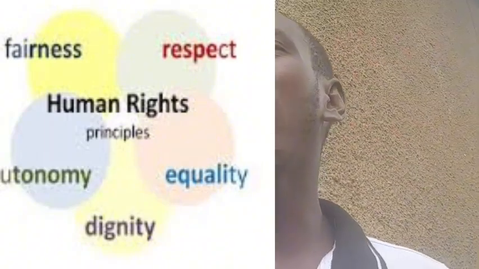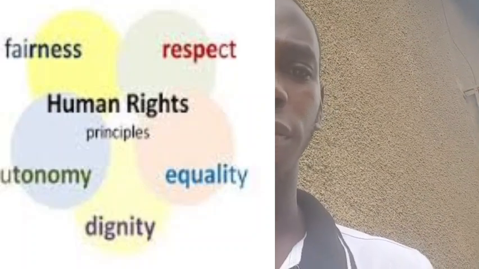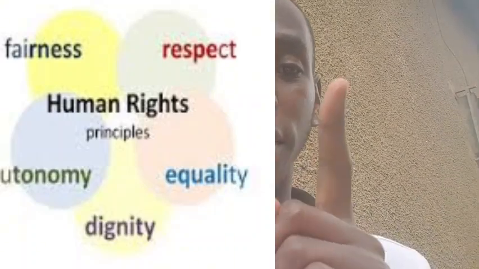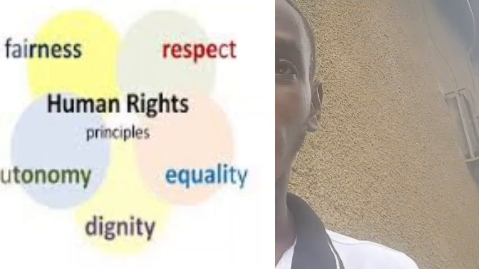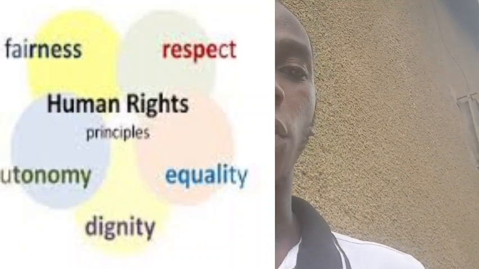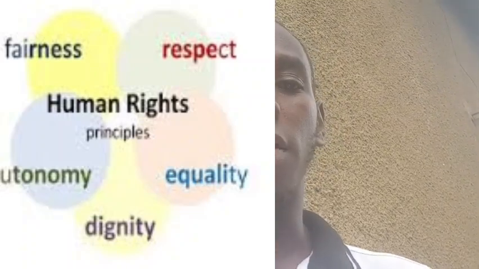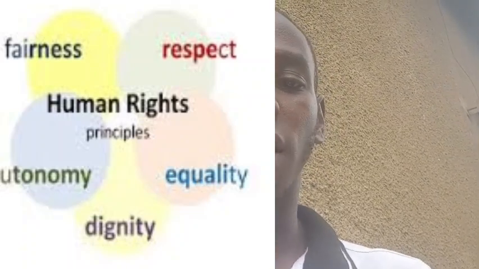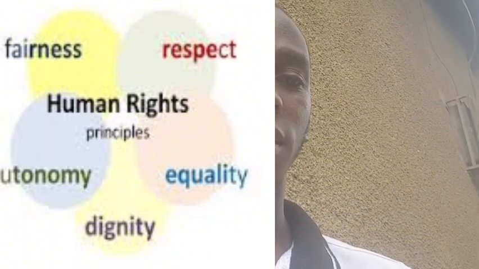They cannot be taken away from an individual, unless otherwise in specific situations or conditions. For example, you've committed a crime and you've been proven guilty in courts of law. Therefore, some liberties like movement can be scrapped.